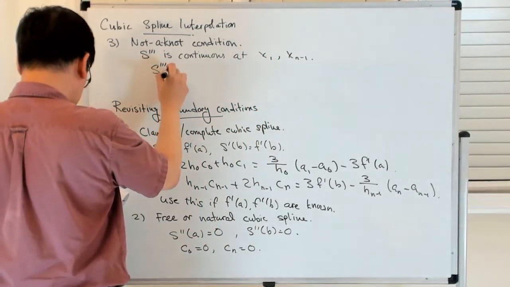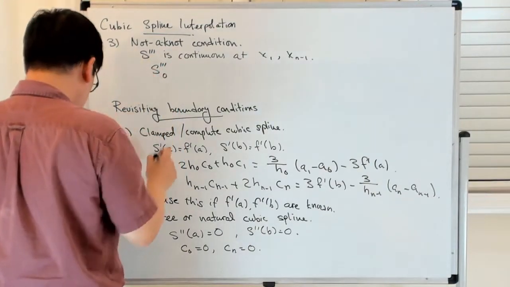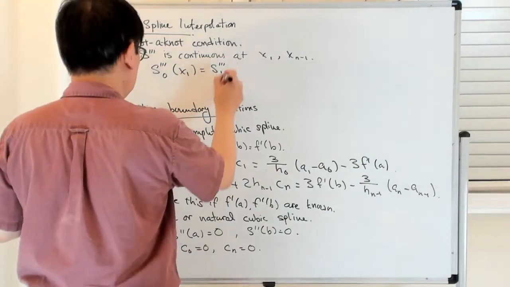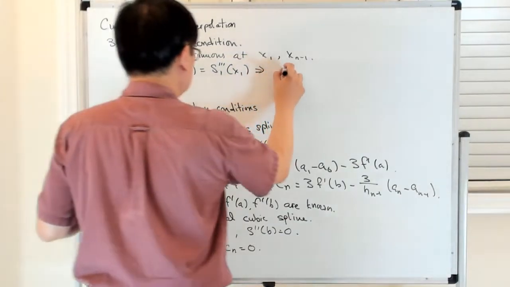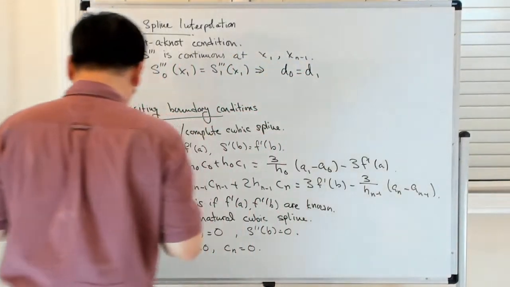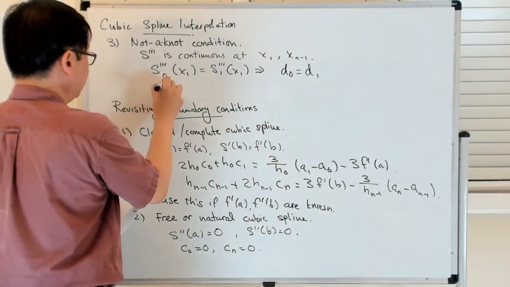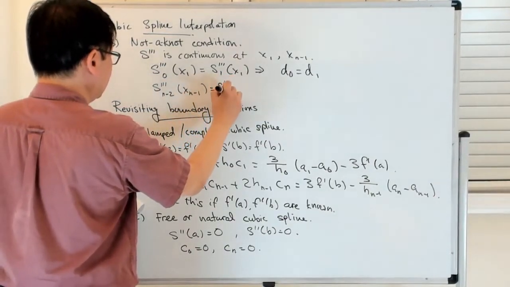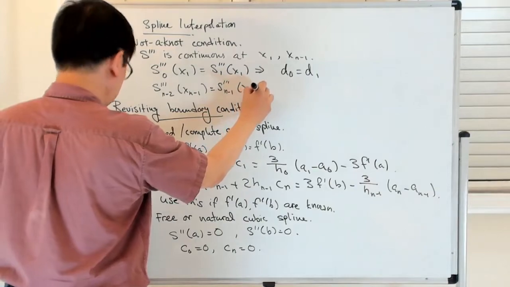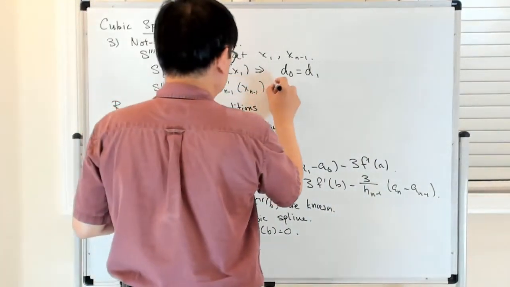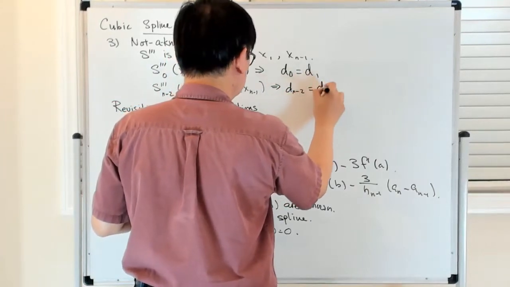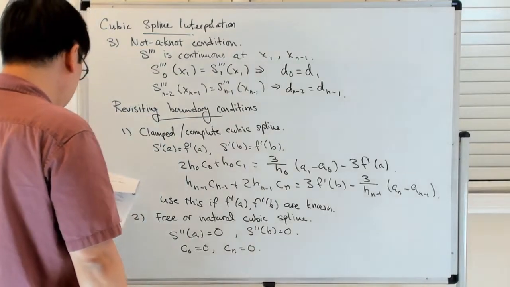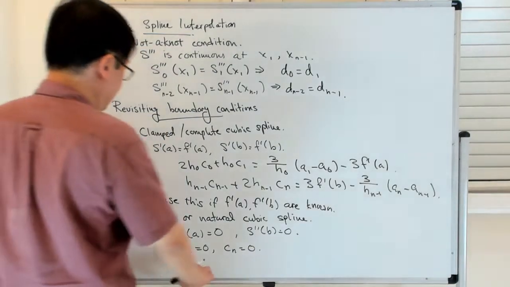That means the third derivative of s0 at x1 is equal to the third derivative of s1 at x1, which implies that d0 equals d1, and the third derivative at x_{n-1} from s_{n-2} equals that from s_{n-1}, which implies that d_{n-2} equals d_{n-1}. So the not-a-knot condition is used if f prime at a and b are unknown.